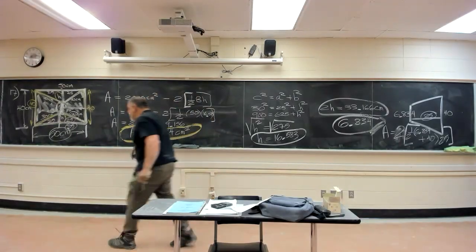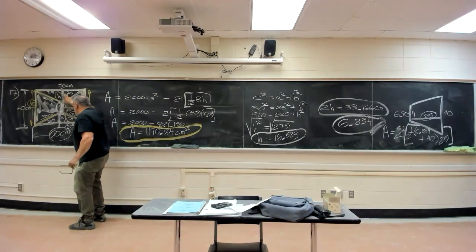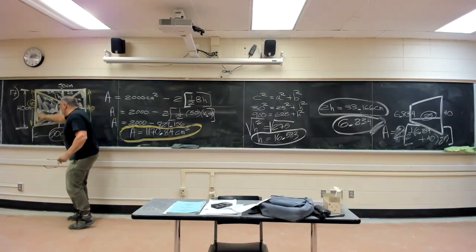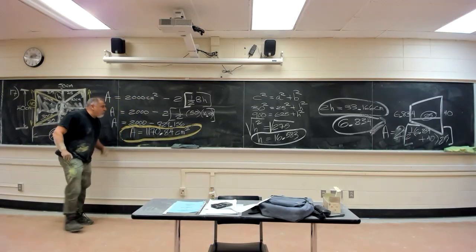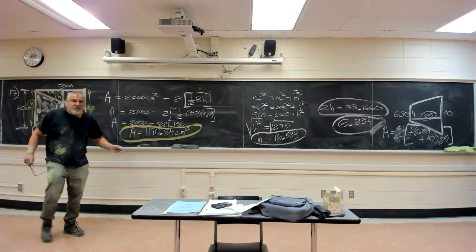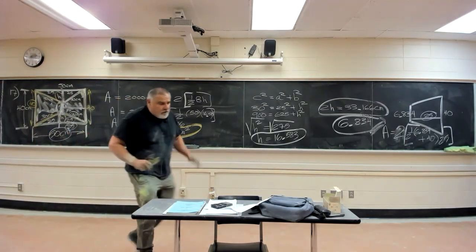The other way I did it was I found the area of each triangle. They're congruent triangles, so if I find the area of one of the triangles, I just double that area and I have the area of both triangles. I take that away from the area of the rectangle, and I still get 1170.8. So I want to show you there's 2 ways to do that.